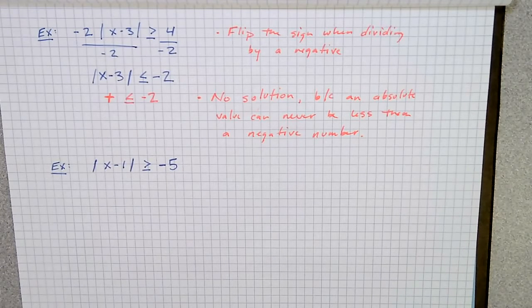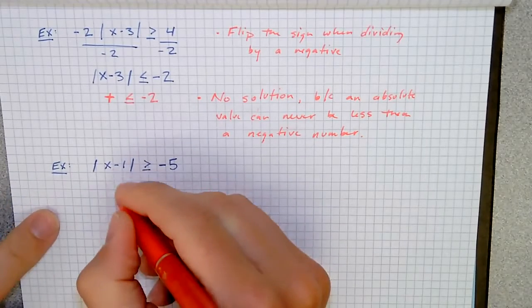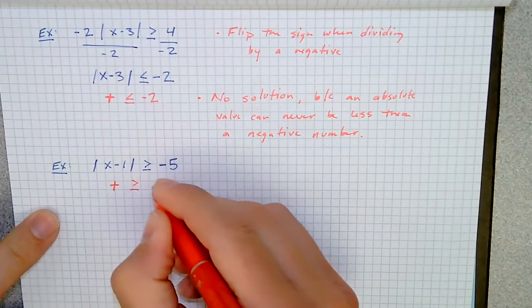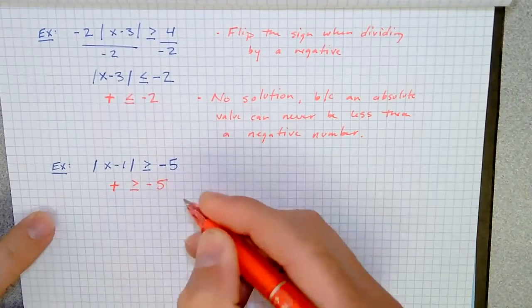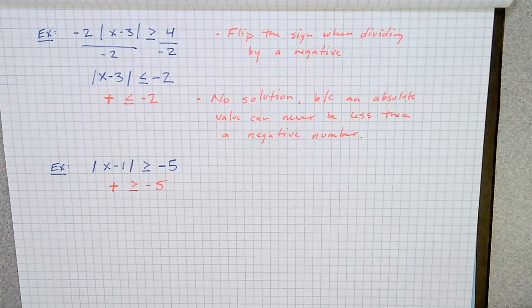All right, on the flip side, let's say the inequality is facing the other way. Once again, we have an absolute value over here on the left, which we know is going to be a positive number. Okay, when is that going to be greater than or equal to -5?